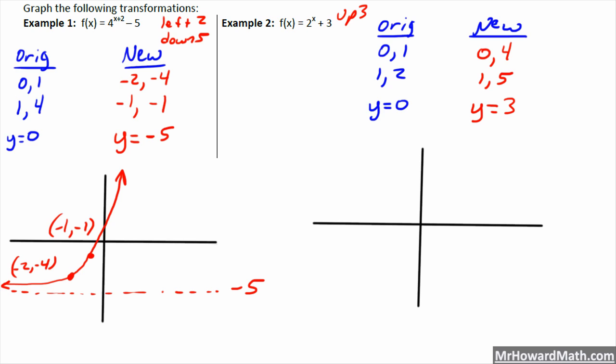So we'll put our coordinate plane in there, put our horizontal asymptote in at y equals 3 here, plot in our points at 1, 5 right there, and 0, 4 right there, and plot that in like this. So that looks like that, and this was 0, 4 was the lower point, and the higher point was 1, 5. So that's it for that one.